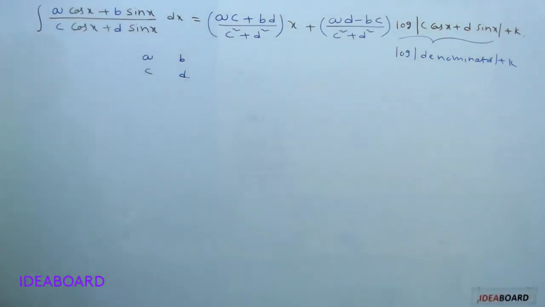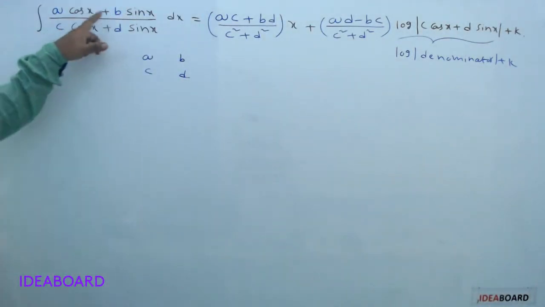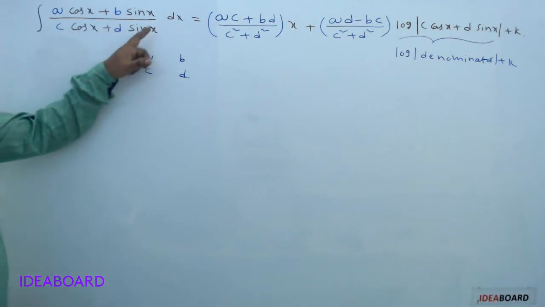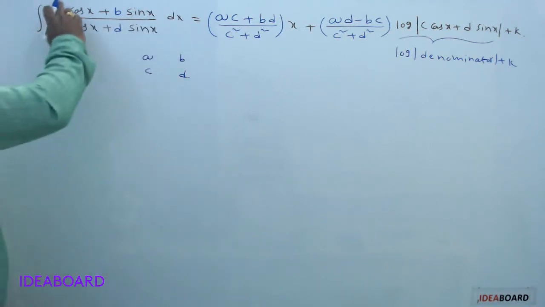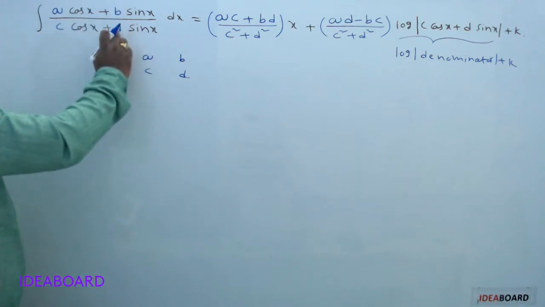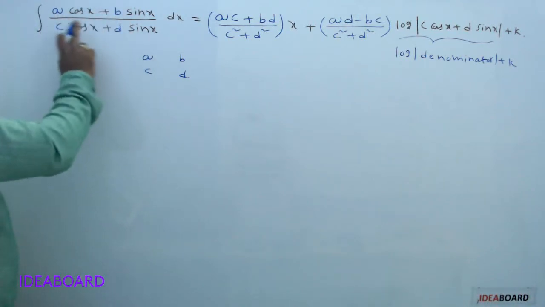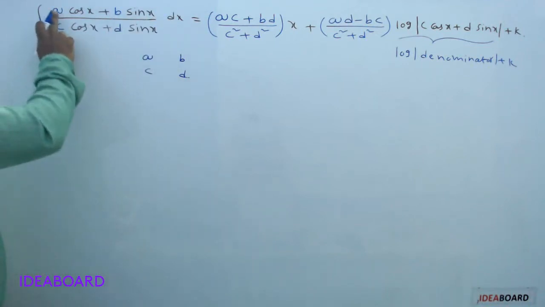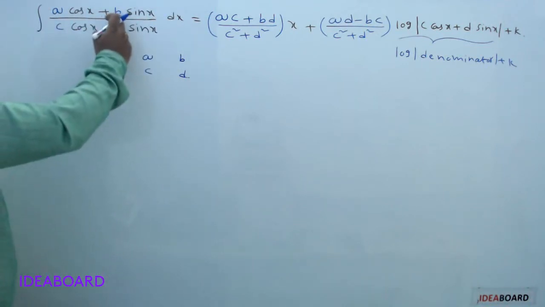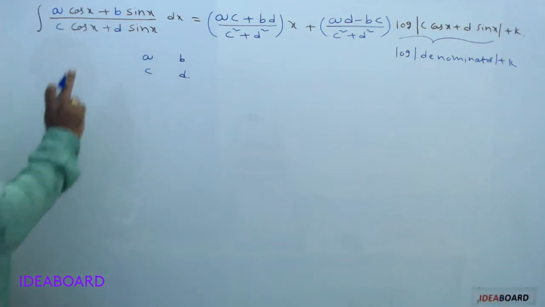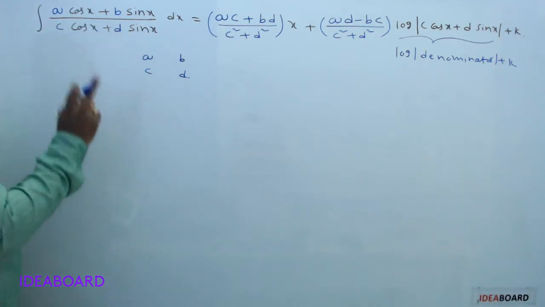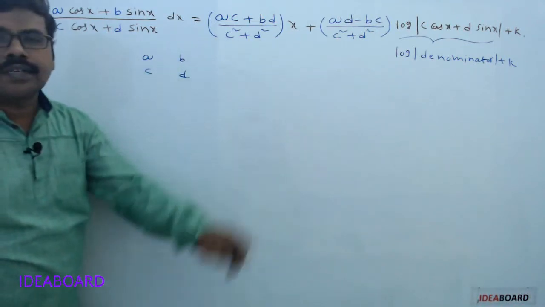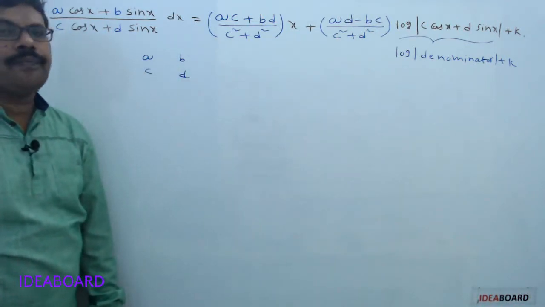Now see the formula: integral of (a cos x + b sin x) divided by (c cos x + d sin x) dx equals (ac + bd) divided by (c square + d square) into x, plus (ad minus bc) divided by (c square + d square) into log mod denominator, plus a constant k.